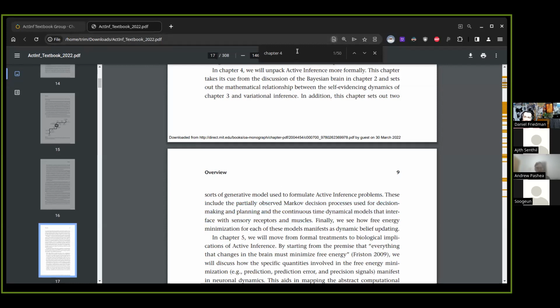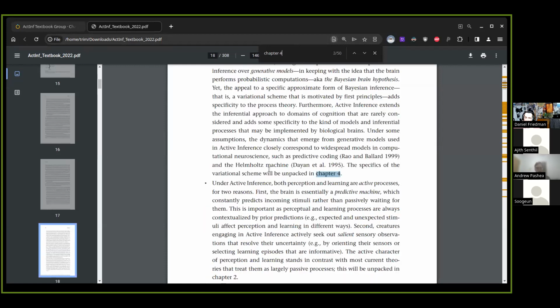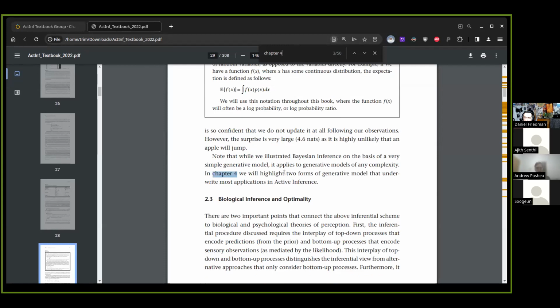Any other thoughts people have? Yeah, Darius, then anyone else? Yeah, Daniel, it's less a point about the chapter, although I agree with the previous sentiments that it is mathematically dense. It's more of a point about the maths learning group.